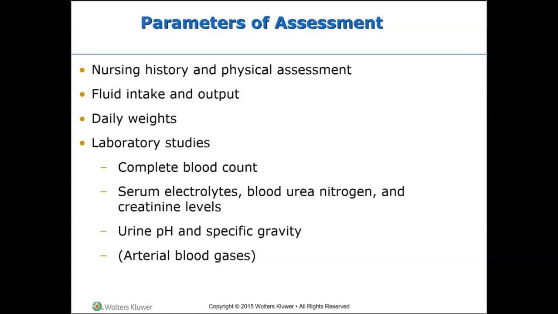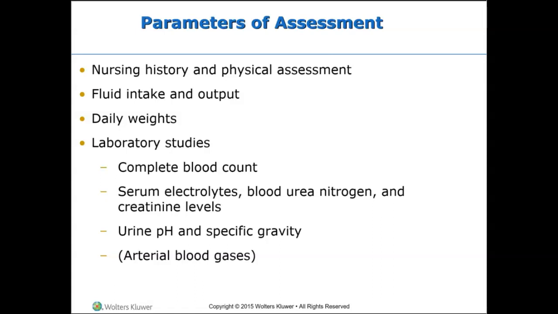We're going to complete a full blood count with an RBC, red blood cells. An increase in red blood cells may signal dehydration, and a decrease could indicate overhydration. An increase in serum osmolarity will indicate dehydration, and a decrease in osmolarity will indicate overhydration.